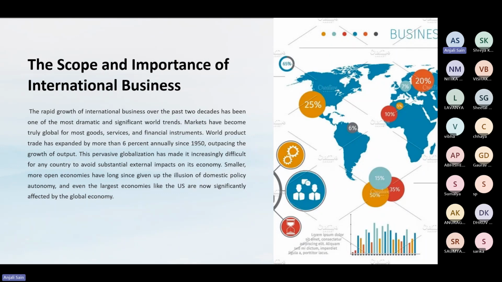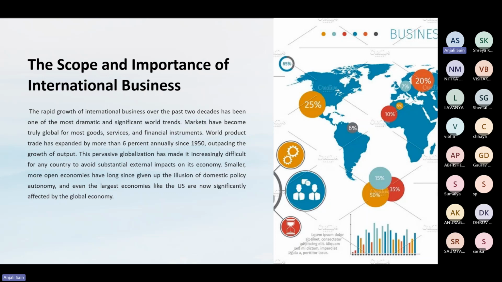The rapid growth of international business over the past 2 decades has been one of the most dramatic and significant world trends. In India's case, if we see after 1991, since liberalization, that is the benchmark. After that there has been a tremendous increase in global trade. Markets have become truly global for most goods, services, and financial instruments.